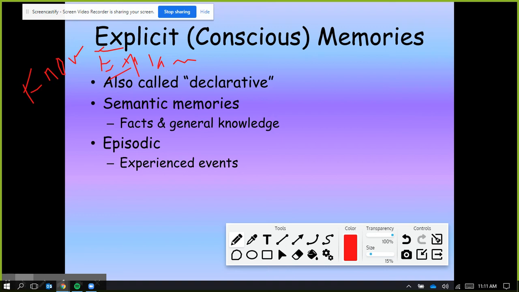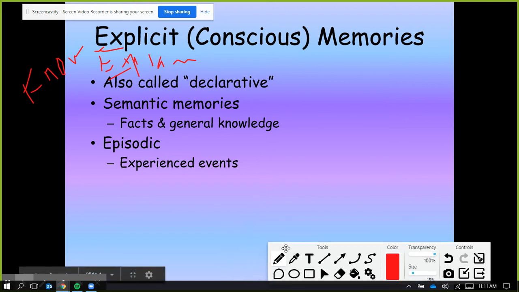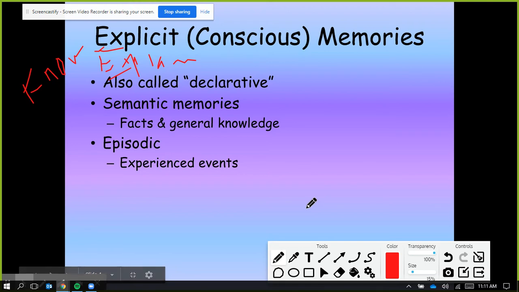I remember when something happened in my life. We can think about this like an episode of a TV show. An episode of The Office is about the daily life of the employees of Dunder Mifflin. So episodic memory, a type of explicit memory, is like the episode where Michael declares bankruptcy. So semantic memories are facts and general knowledge, and episodic memories are life events.